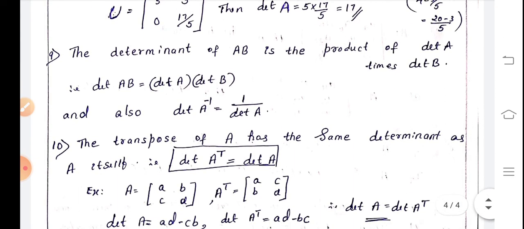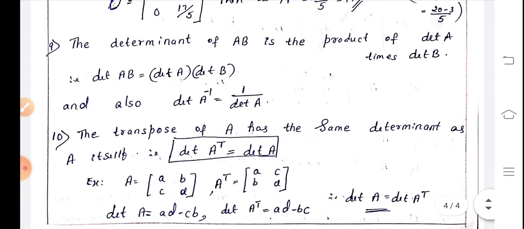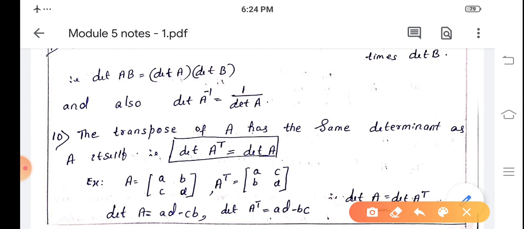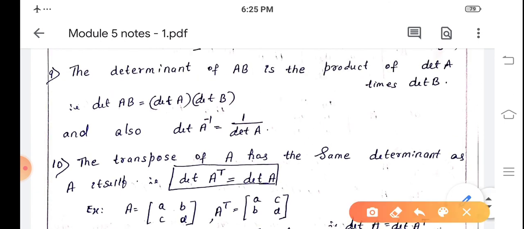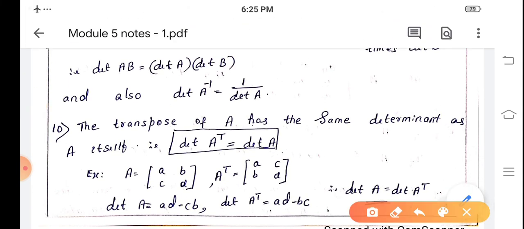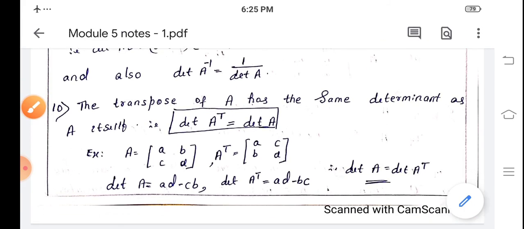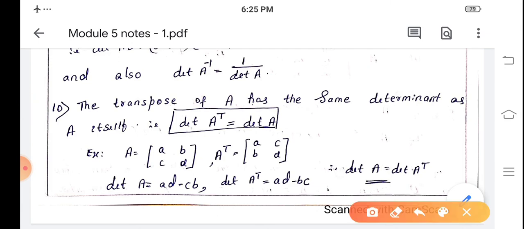Now the next property of determinant, the ninth property: the determinant of AB is the product of determinant A into determinant B. So determinant of AB is determinant of A into determinant of B, and also determinant of A inverse is 1 by determinant A. The last property of determinant, the 10th property: the transpose of A has the same determinant as A itself.